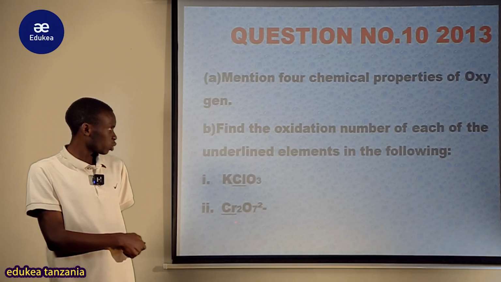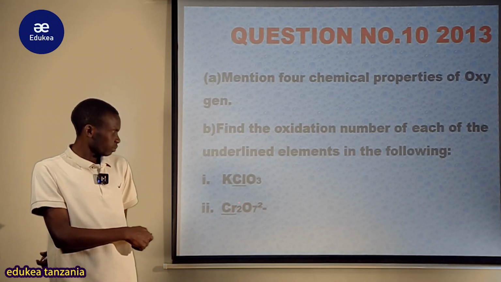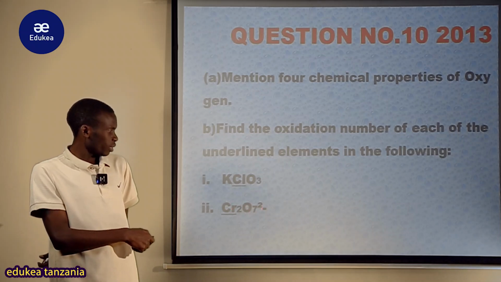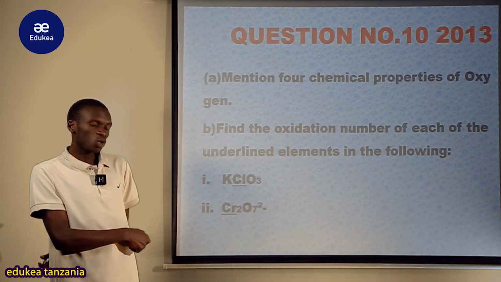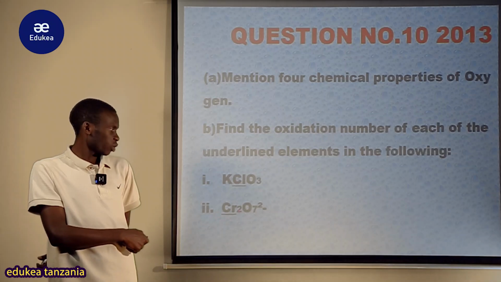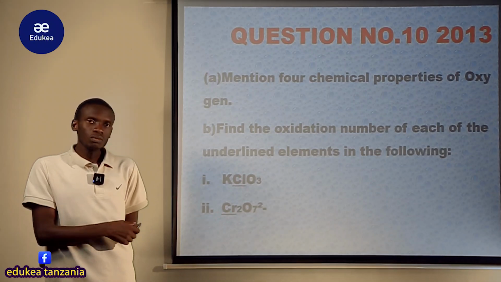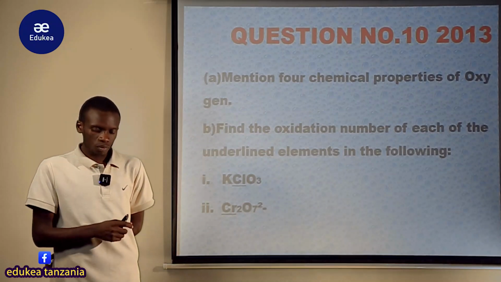And number 2 was chromate, and the student was required to give the oxidation state of chromium. Hapa itakiwa utoe oxidation state ya chlorine.